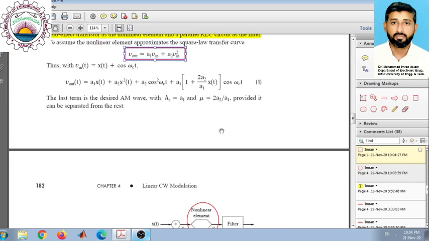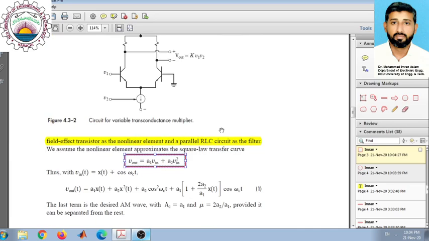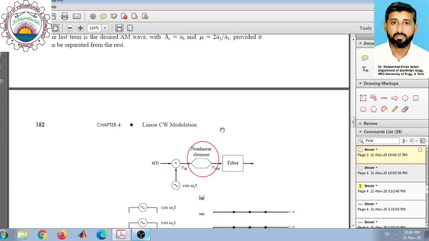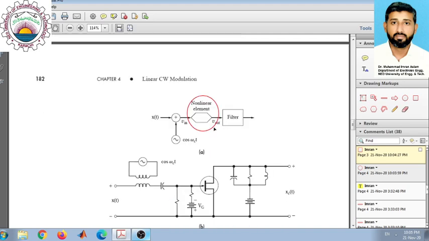How do we perform the modulation using this square law operation? The first step towards modulating the signal is to get the addition of the message signal and the carrier wave. The carrier wave would be generated by an oscillator tuned at the carrier frequency.